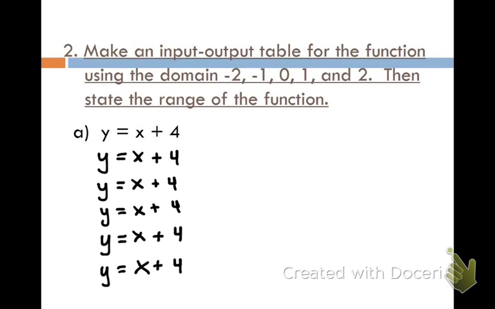Because I have 5 inputs, you want to write it 5 times. Now, in just a minute we're going to be getting rid of those x's, because I'm going to plug something in instead. So if you want right now, you can go ahead and erase the x's, because I'm going to show you in just a minute how to plug that in.